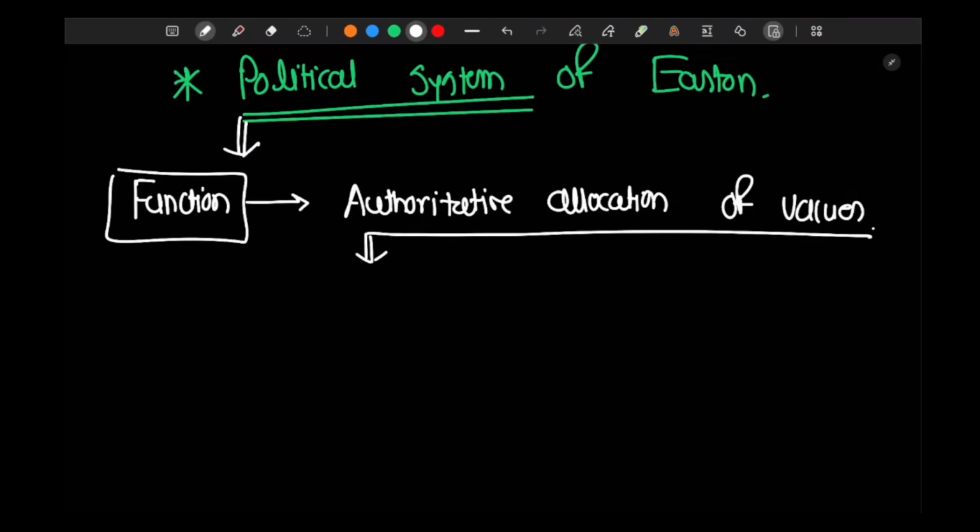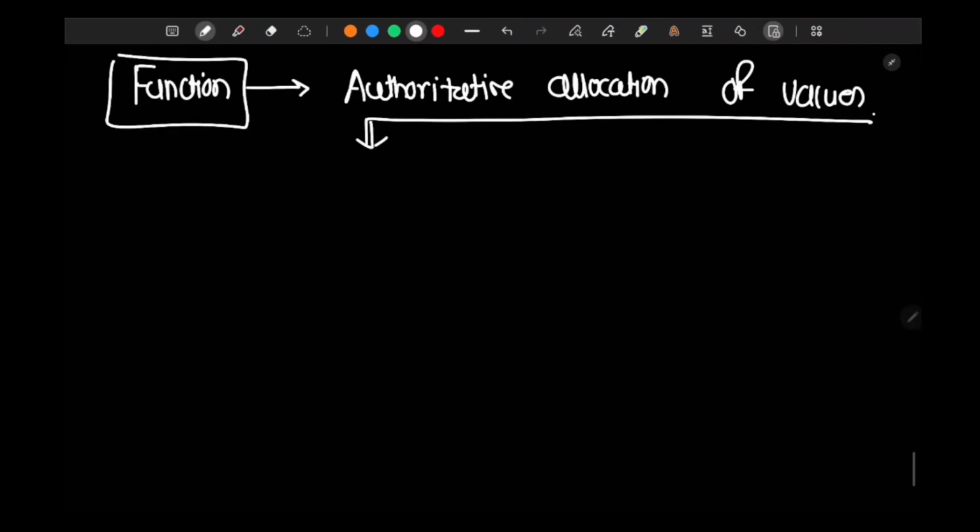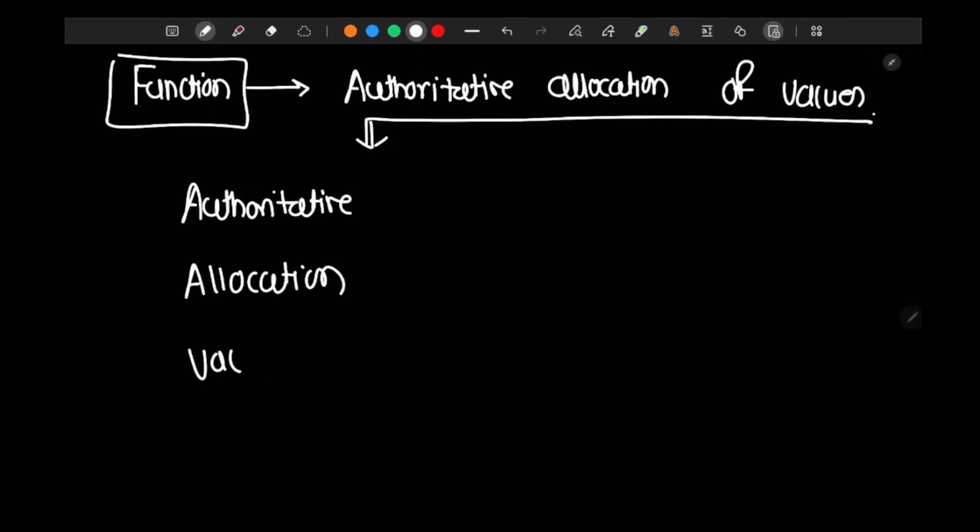It is a very complicated thing that he has written. He has only written a few words, but the meaning is not very easy to understand. There are three words: authoritative, allocation, and value.